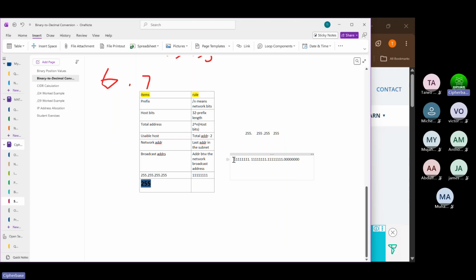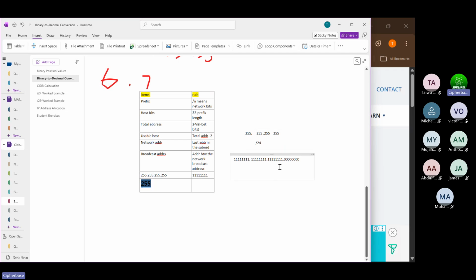Counting every value here will be equal to 32 bits. But the prefix we were given is slash 24. So you just remove 24 from 32, and the rest will be 0.